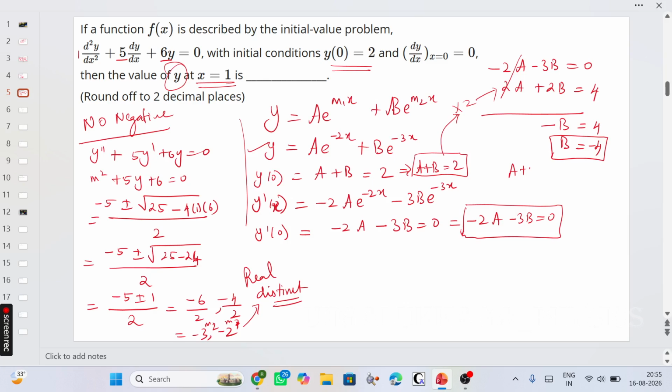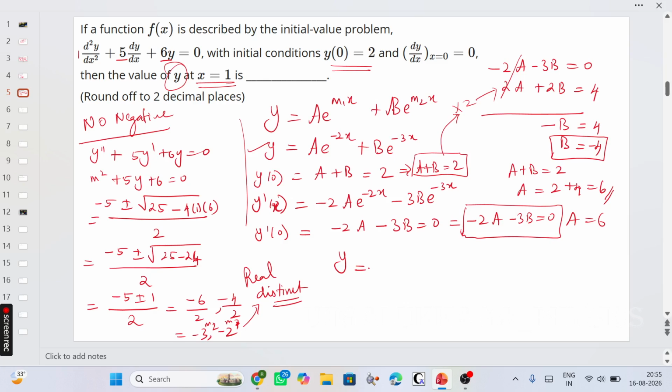So let me write the particular solution here. Y is equal to a, which is nothing but 6, e power minus 2x plus minus 4 e power minus 3x. We have to find y at x is equal to 1. So let me write it: 6 e power minus 2 minus 4 e power minus 3.